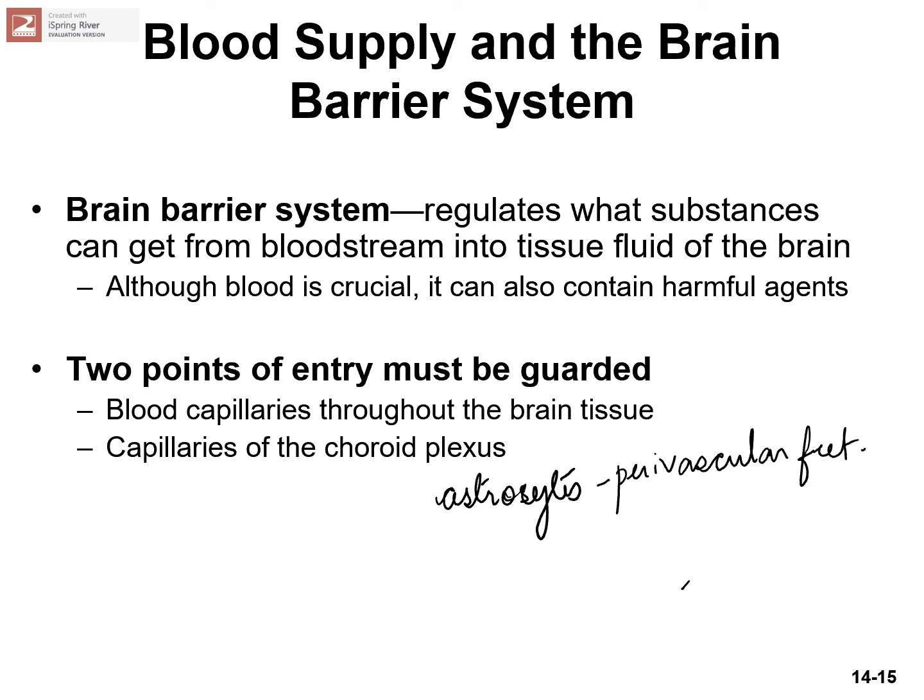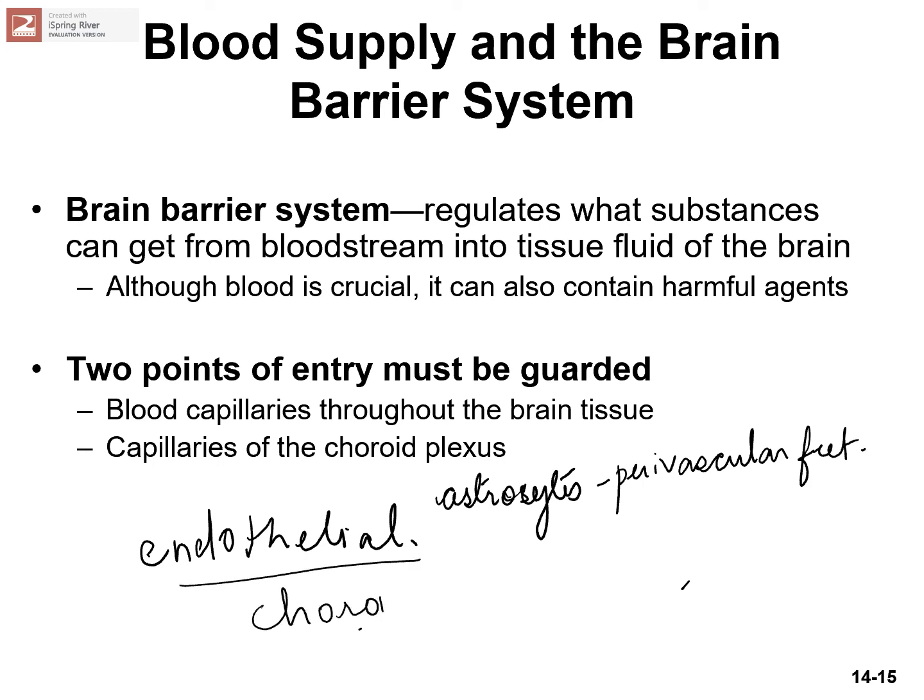The endothelial cells, on the other hand, are more selective and can exclude a lot of harmful toxins that are entering the brain tissue. So we have a lot of specialized endothelial cells at the choroid plexus. Why? Because the choroid plexus is the region where cerebrospinal fluid is formed.